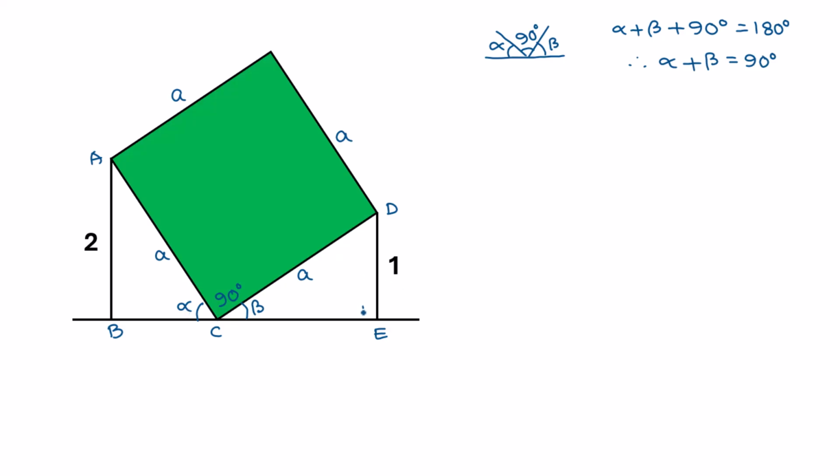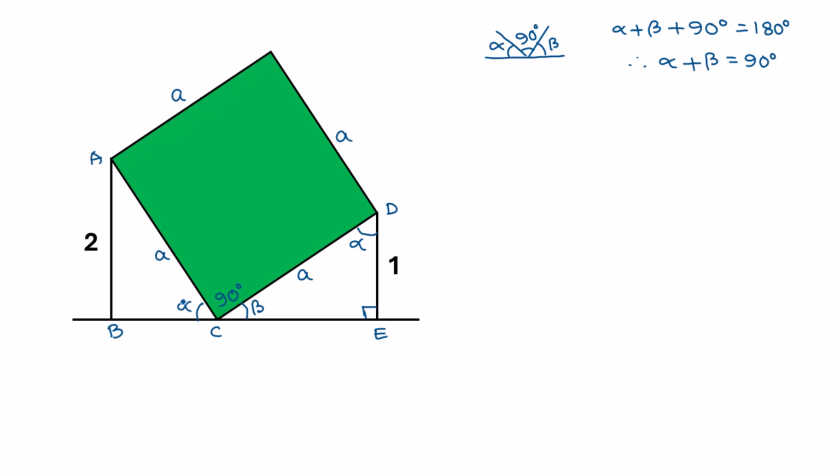As this angle E is 90 degree, the sum of these two angles C and D is 90 degree. And we have alpha plus beta is equal to 90 degree. As this is beta, this angle can be written as alpha, because the sum of these two angles is 90 degree.